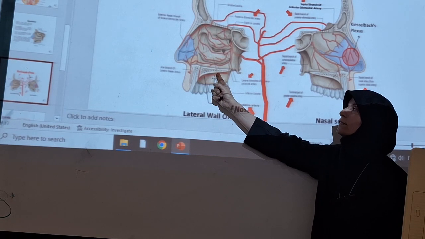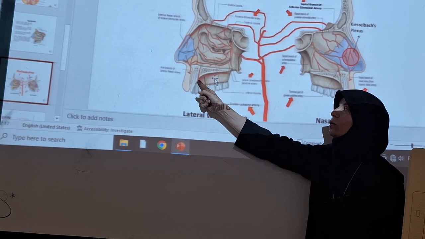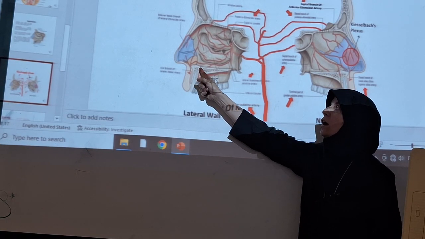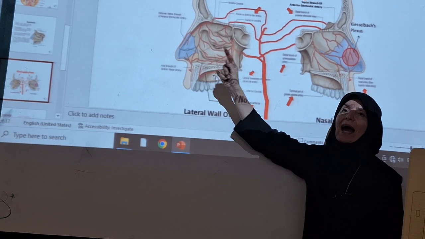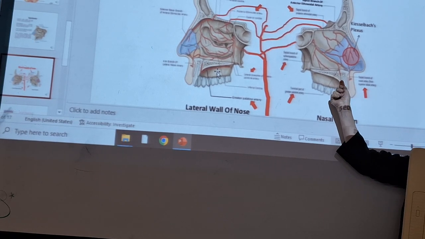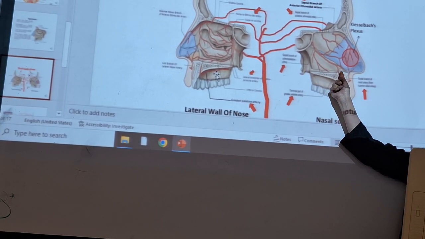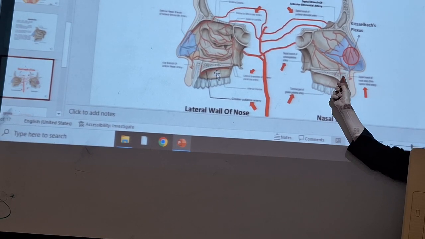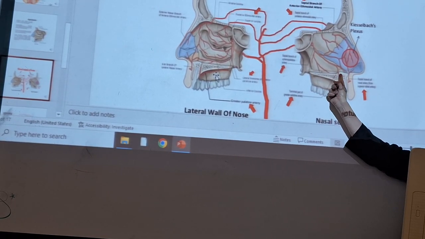It goes anteriorly and passes through the incisive canal to access the medial surface of the nasal cavity.